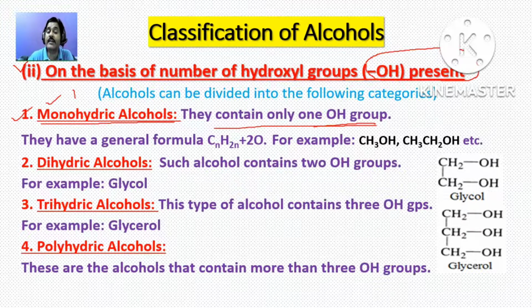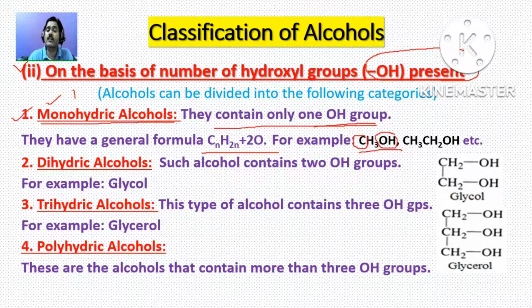The general formula for monohydric alcohols is CnH2n+2O. Examples: CH3OH, methanol. Here only one carbon atom is attached with only one OH group.